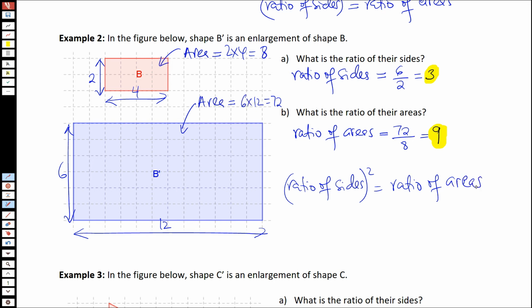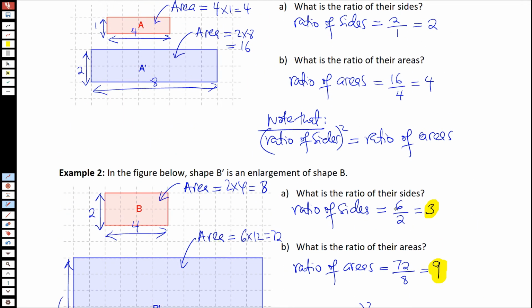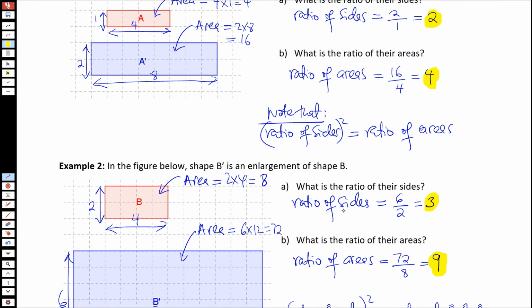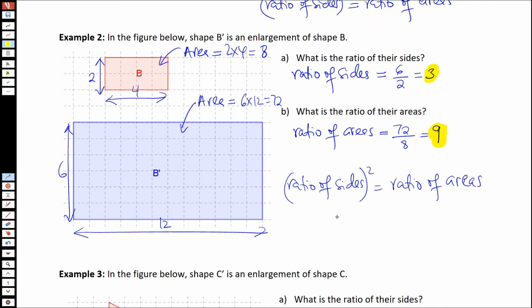It's the same thing that we noticed in example 1, so that statement is true, and from example 2, we can also notice that that statement is true.